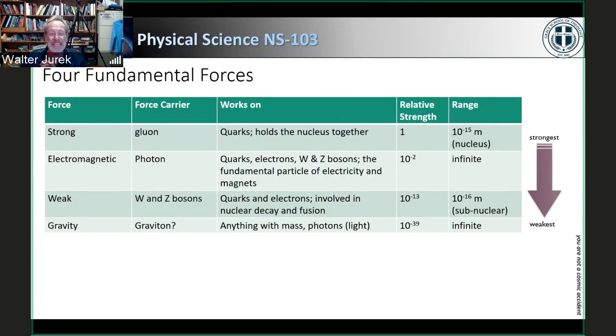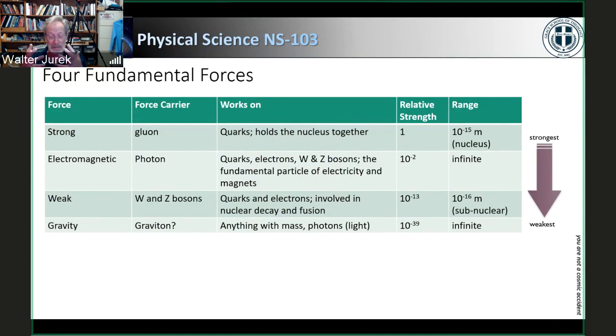Yes, gravity is the weakest of the 4 fundamental forces. Look at that number, 10 to the minus 39. Now, if you're like me, from a math standpoint I can understand that's a whole lot smaller than number 1 for strong.